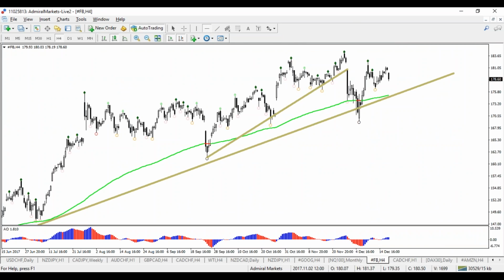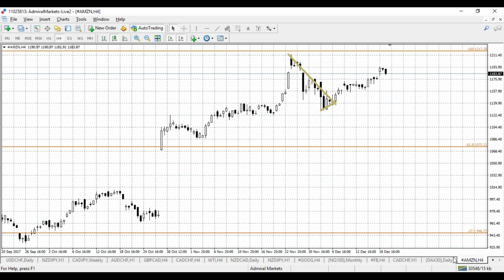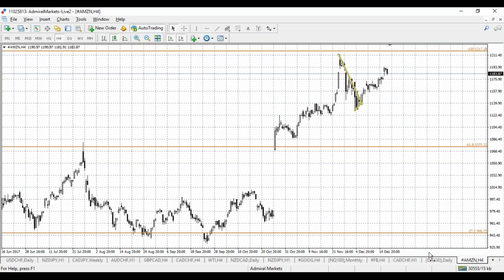Looks a little bit like Head and Shoulders here. Difficult spot.